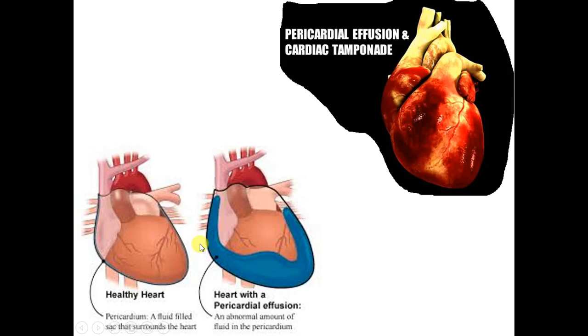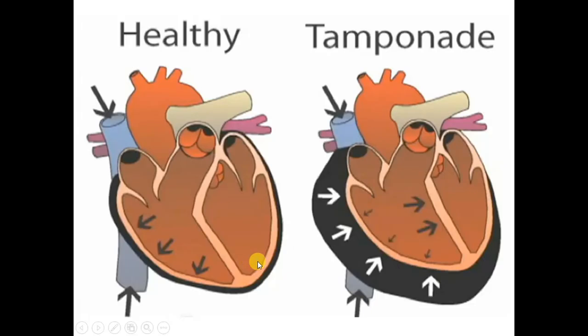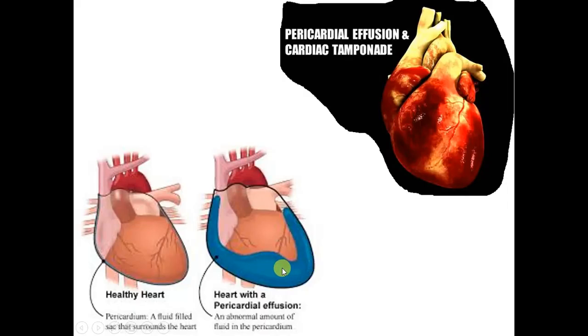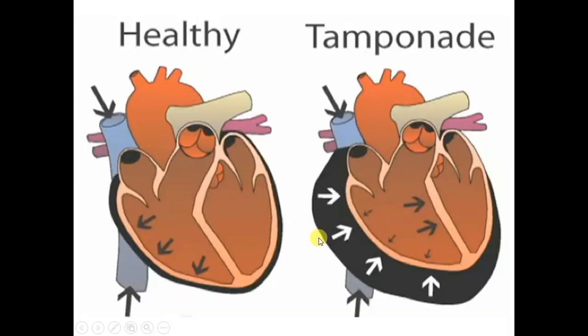Here the normal pericardial cavity, here the fluid in the pericardial cavity, which is causing tamponade of the heart, increase in the pericardial fluid, pericardial effusion causing. Here you can see the heart is compressed from all the sides, and so the capacity of ventricular filling and flow of blood through the heart is limited by this pericardial effusion, called pericardial tamponade.